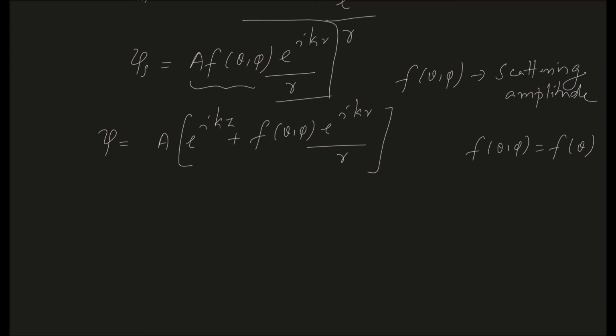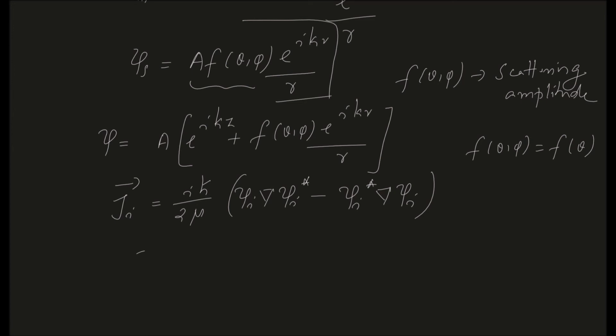As we have learned in the previous semesters, the expression for the current density in quantum mechanics is given by, let's write Ji for the incident flux of particles, and this is given by i h cross by 2 mu, psi i del psi i star minus psi i star del psi i, the usual expression for the current density.